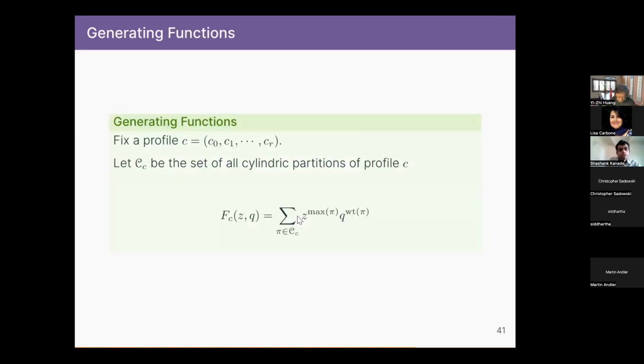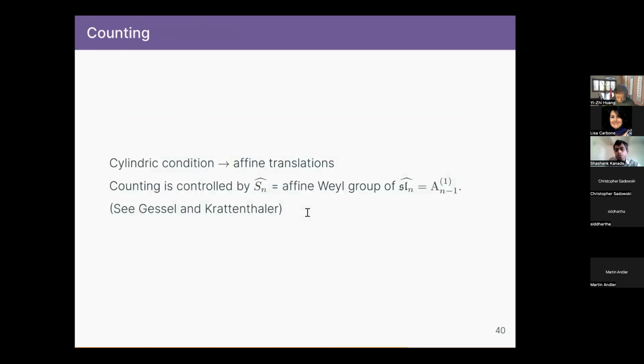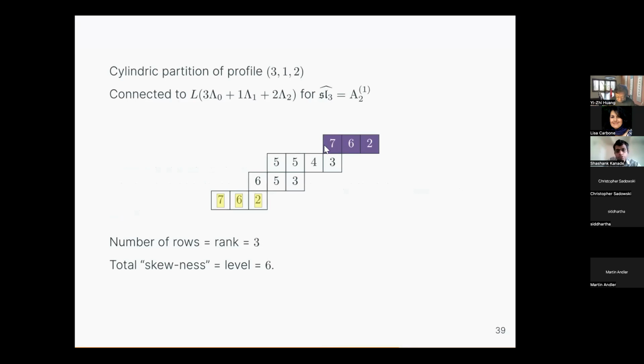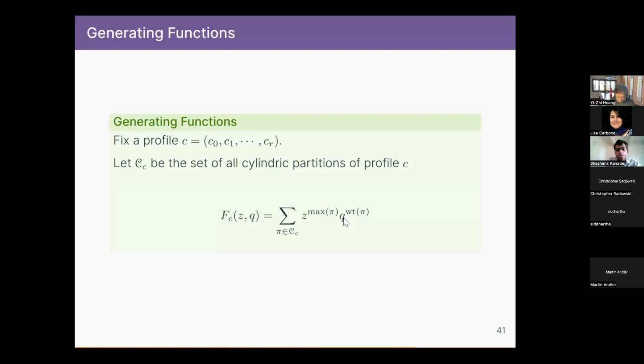Okay. So for the generating functions for these cylindric partitions, you count the total weight, and you also keep track of the maximum part in your cylindric partition. Here the maximum part would be 7. So this particular partition would get counted into z to the 7 q raised to whatever. So that's the generating function.